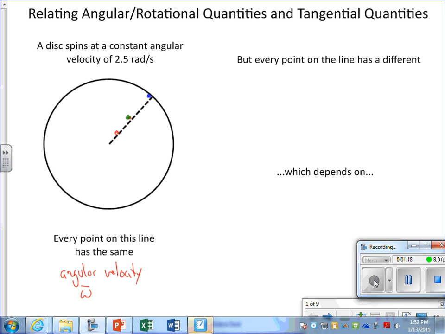Right? Same average angular velocity, we'll say, because they all will swing through the same angle in the same amount of time, or what we call subtend the same angle in the same amount of time.